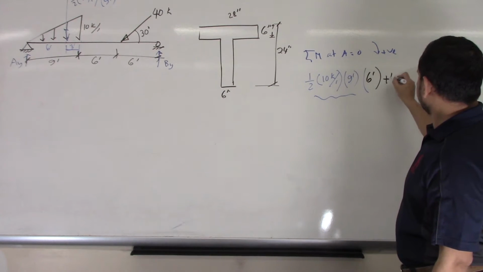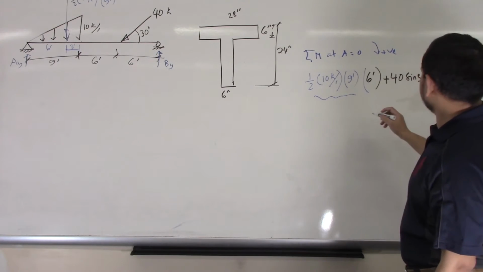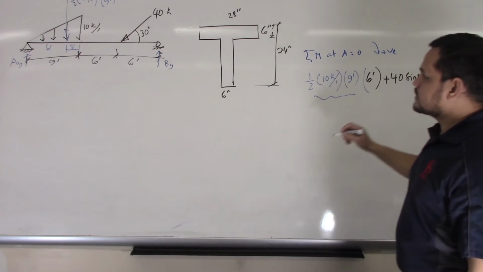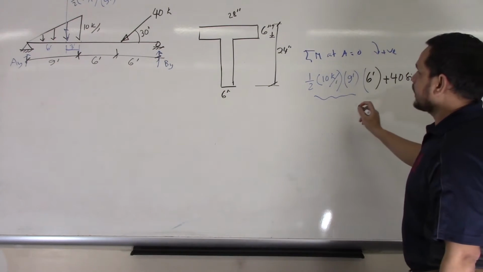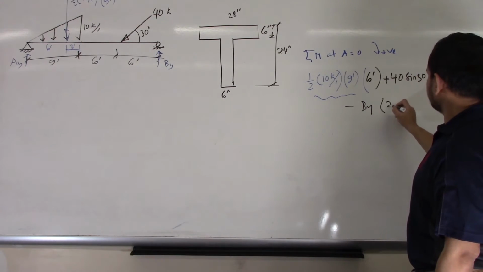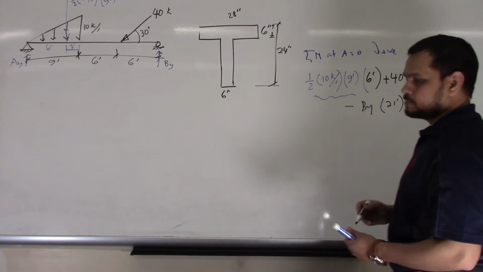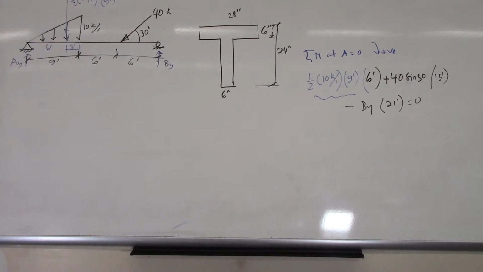The next force is 40 sine 30, and the distance is 9 plus 15, and then my next force is By at 21 feet. Hopefully you understand what I did here.